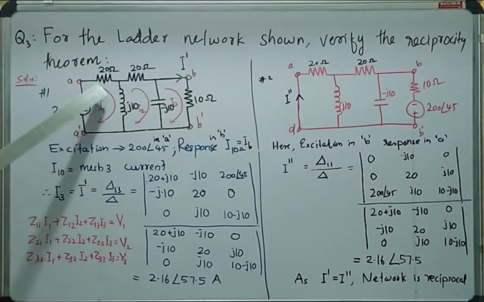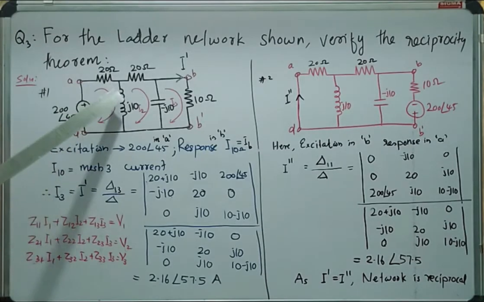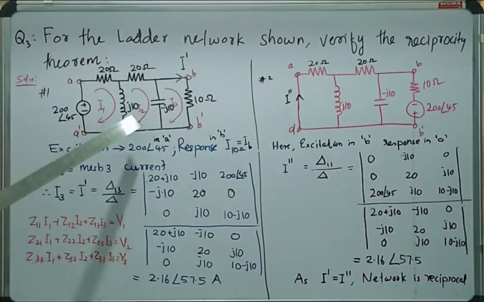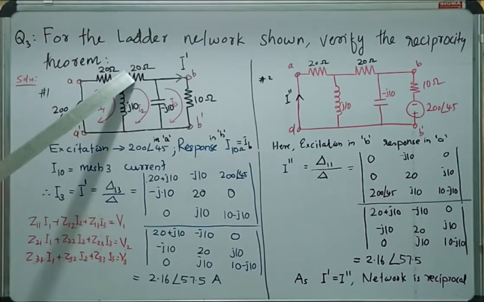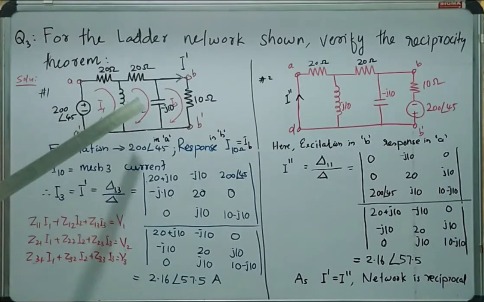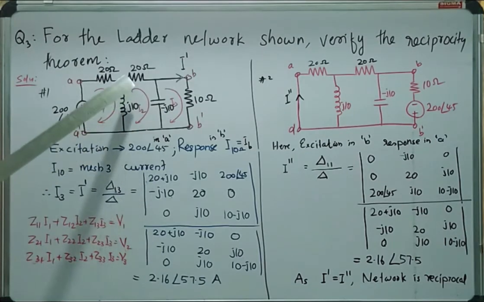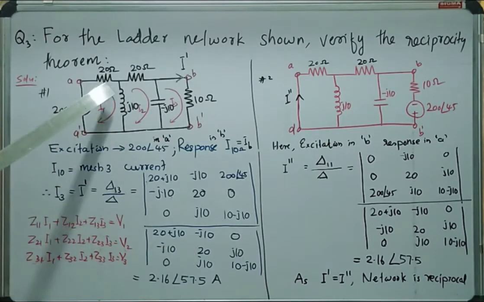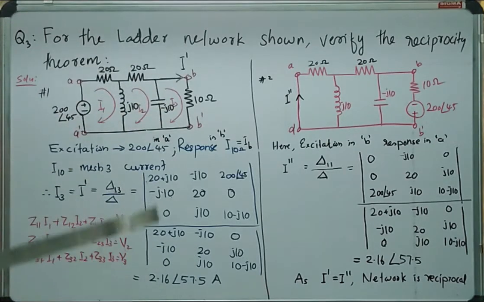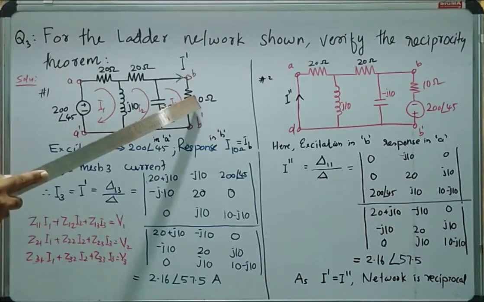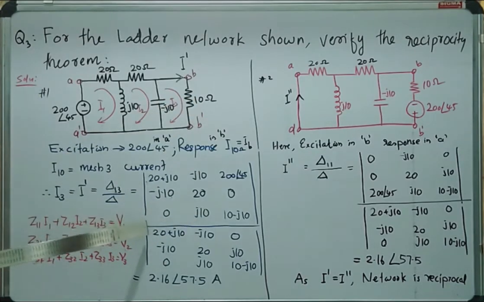For mesh 1, the total impedance is 20 plus J10. For mesh 2, the total impedance is 20 plus J10 minus J10. This J10 and minus J10 cancel, so the total impedance is 20 ohm only. For mesh 3, the total impedance is 10 minus J10. In this way, we can write the diagonal entries.